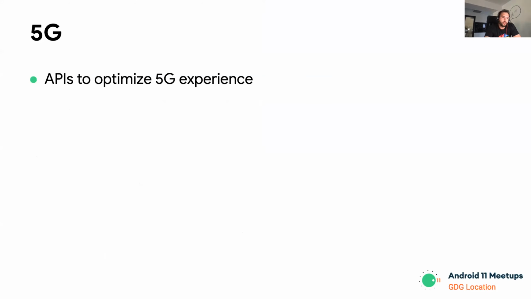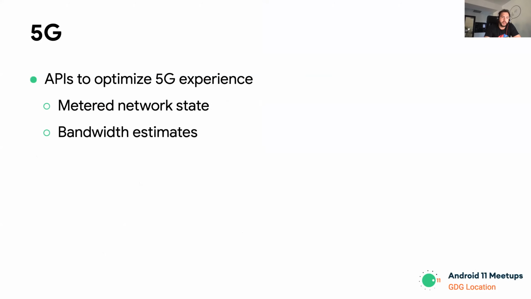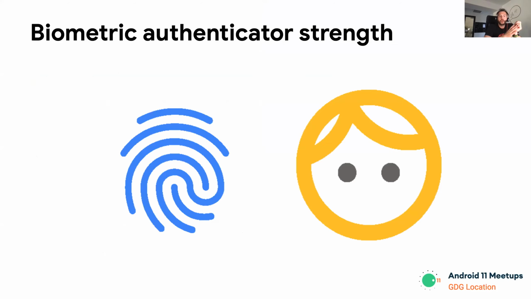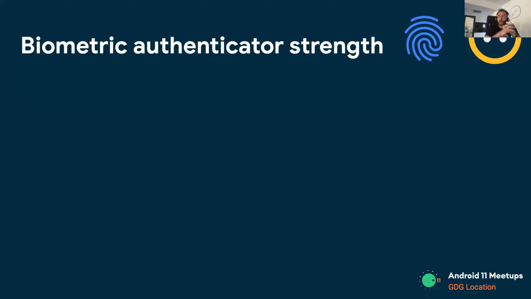Furthermore, we actually get support for verifying whether the device supports 5G and how much of the network we are using. And there's also a nice support for checking or setting the biometric authentication strength that we require. As you know, some biometric methods are more secure, such as 3D face recognition is going to be much stronger than 2D.